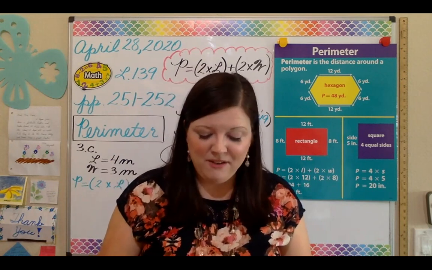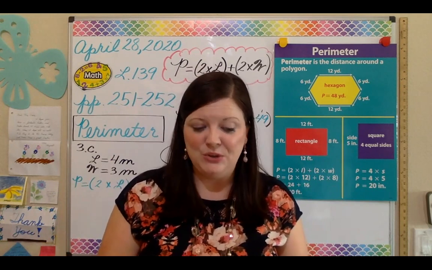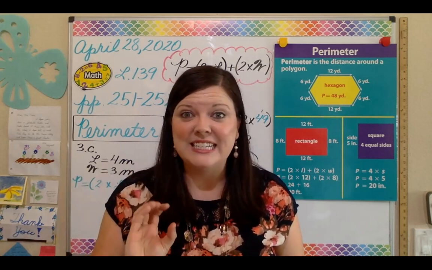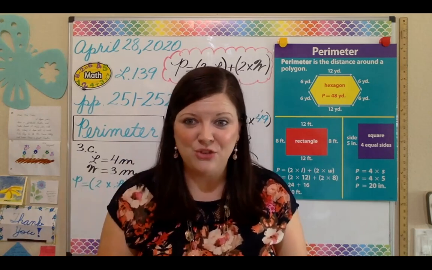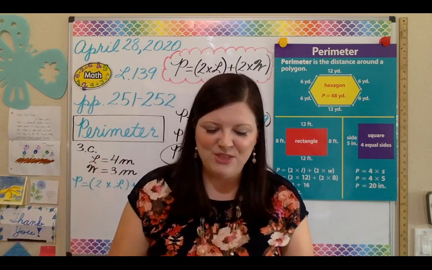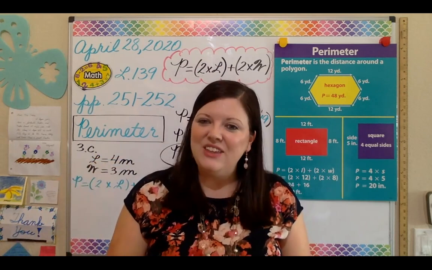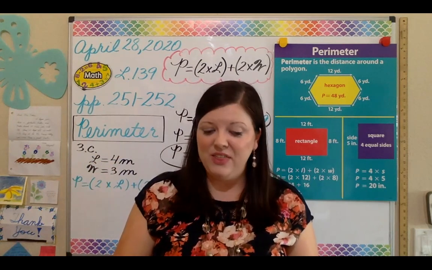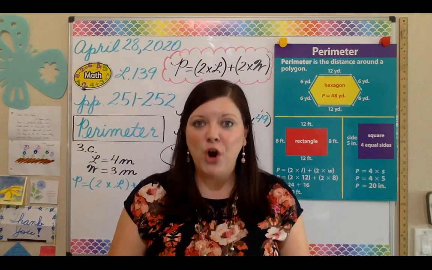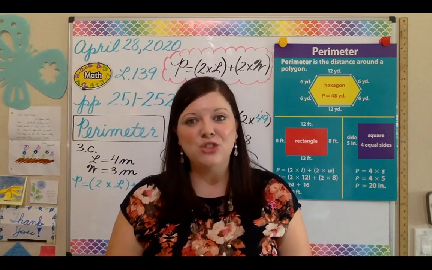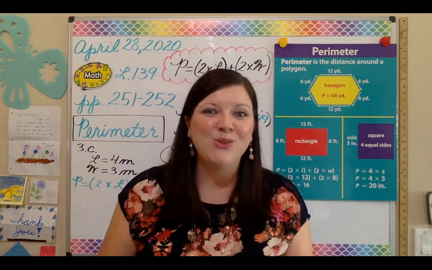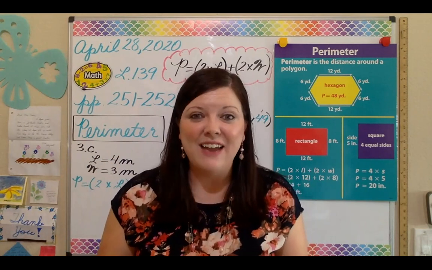Look at the top of page 252, section 3. We're going to do letter C together of section 3, and I have that right over here on the board. It says that our length is 4 meters and our width is 3 meters. The first step that you do for section 3 is you write your formula first. What is your first step? Write the formula first. Let's say that formula together.